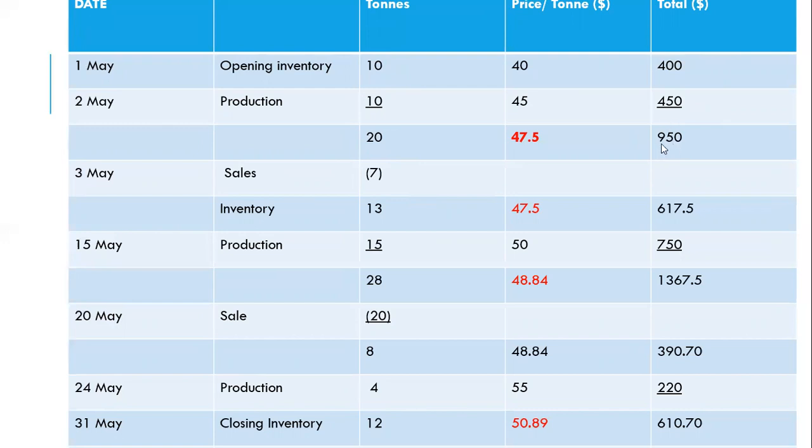Now, we divide this total dollar amount by the total unit amount, which is 20. So 950 divided by 20 gives us our weighted average valuation per unit, which is $47.5.